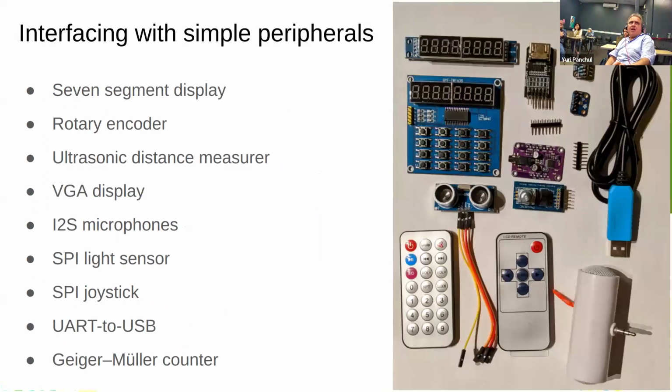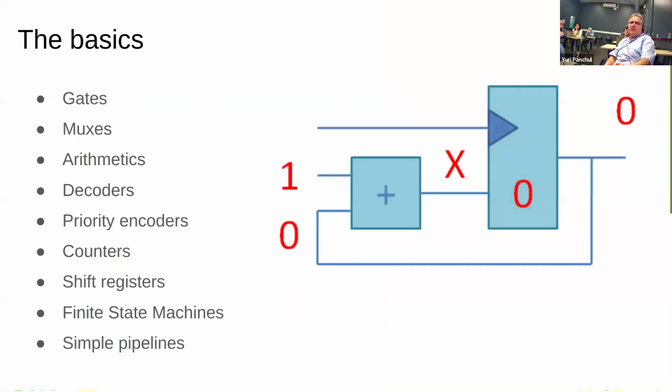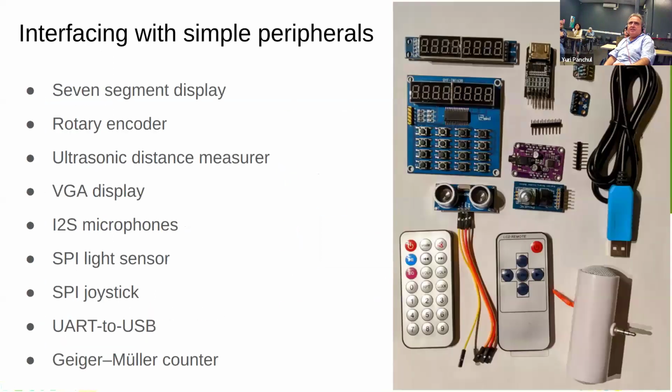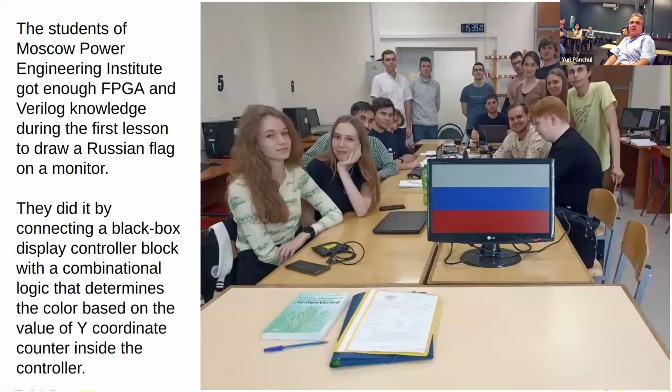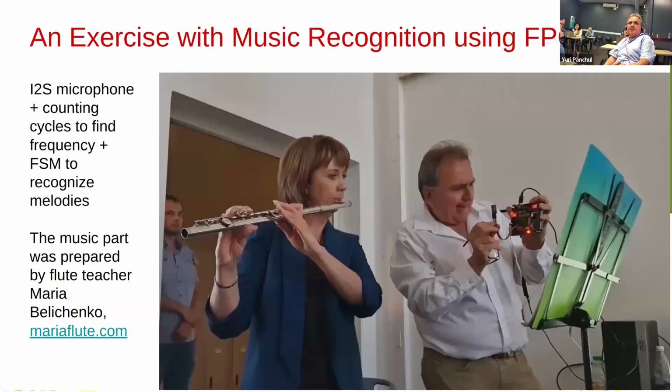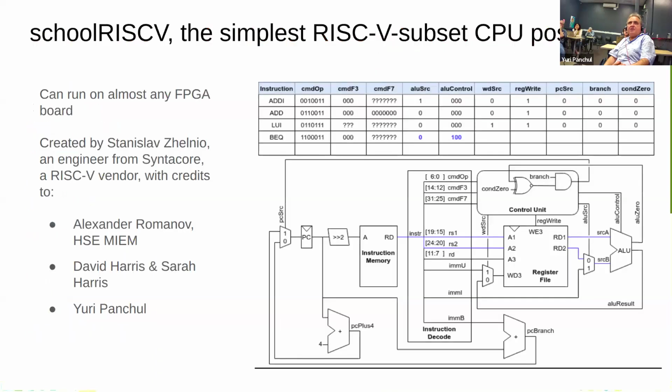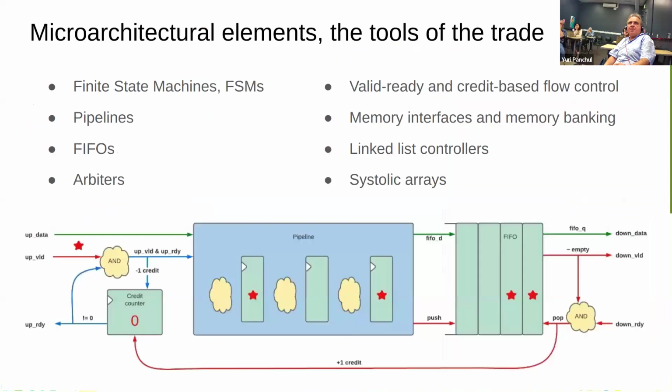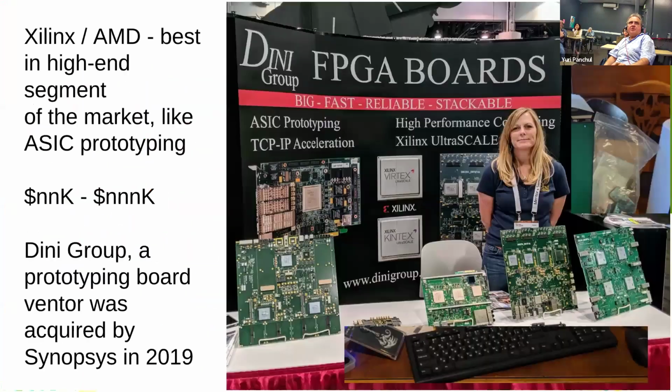So we have such a simple exercise, and then we have integration with components like microphones. This is an exercise which shows drawing on a graphic display, and some beginner exercises and music. And the school RISC processor. Yeah, so those are slides.